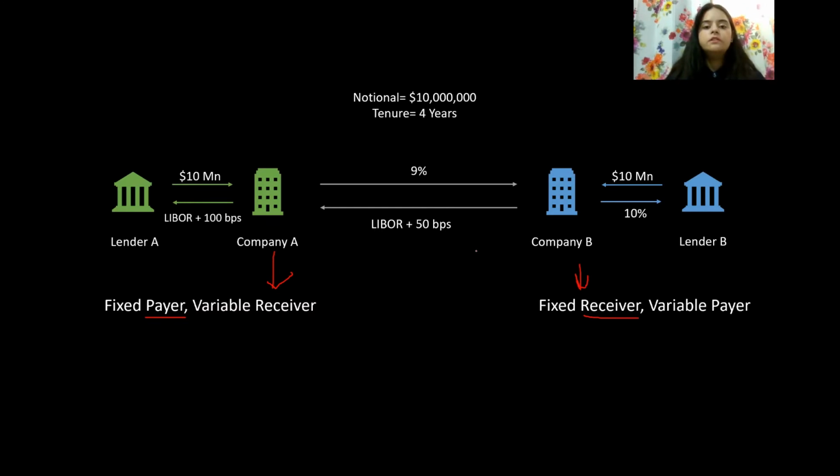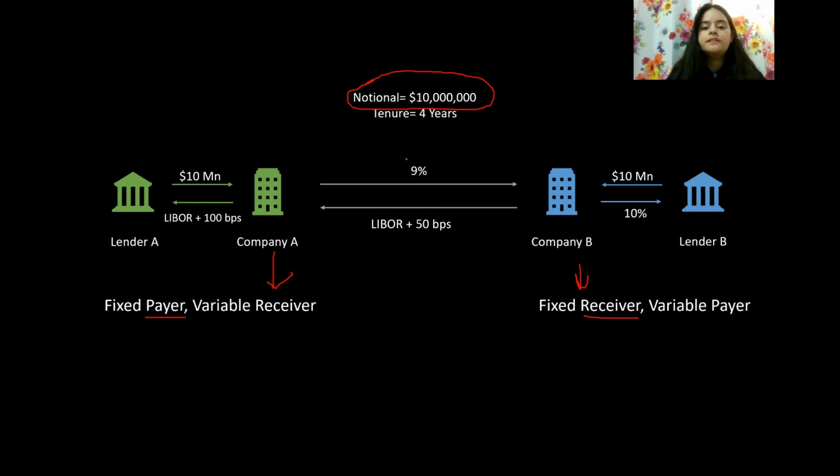Let us talk about the notional now. Notional is basically the amount based on which the interest payments take place. So the notional of 10 million will not really get exchanged between company A and company B in the swap. It is the interest rate that will get exchanged between the swap parties.